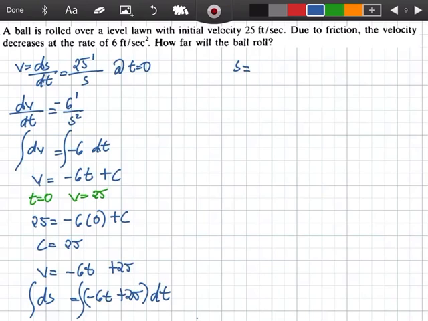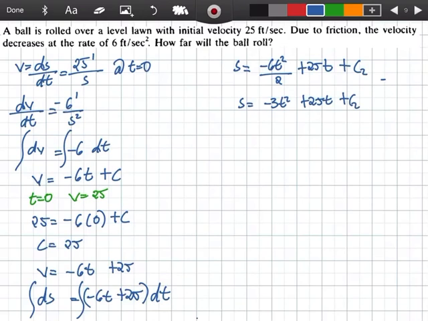S is equal to negative 6t squared over 2 plus 25t plus C2. Right? Negative 6 over 2 is negative 3. So negative 3t squared plus 25t plus C2.